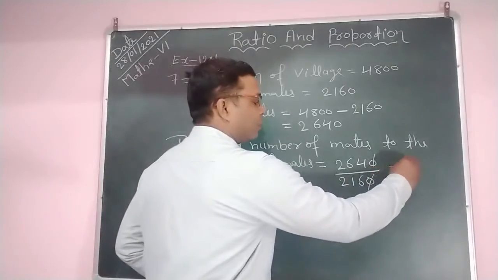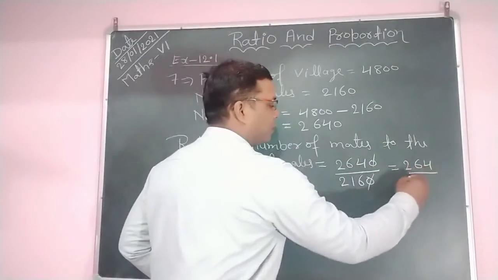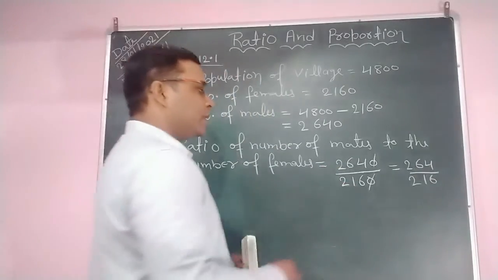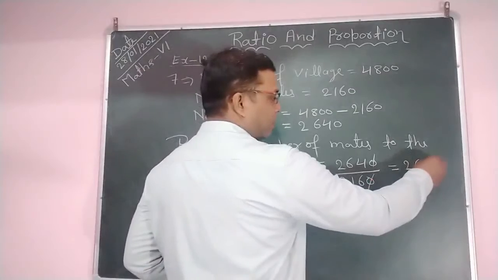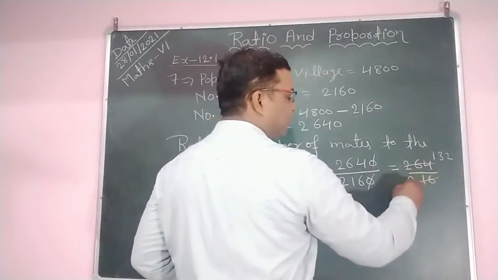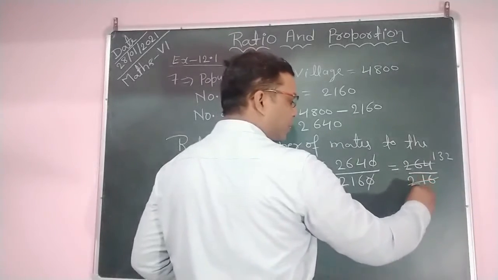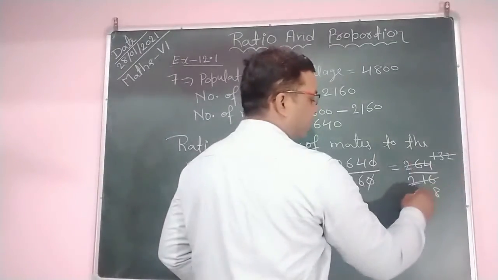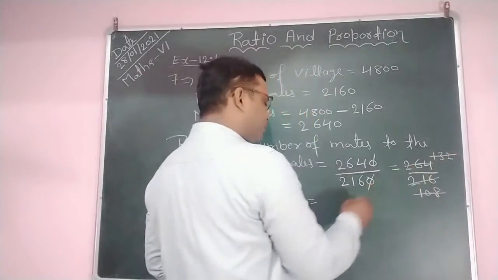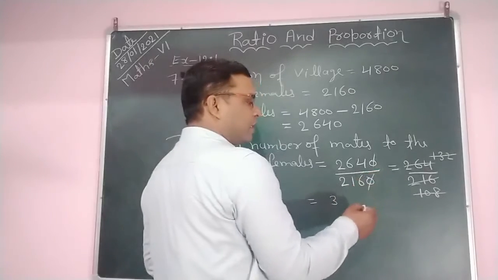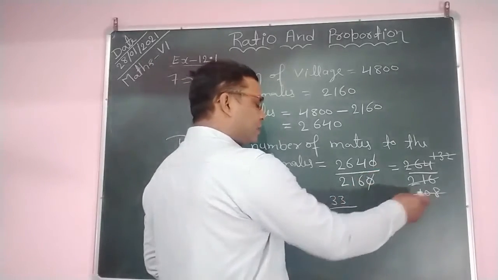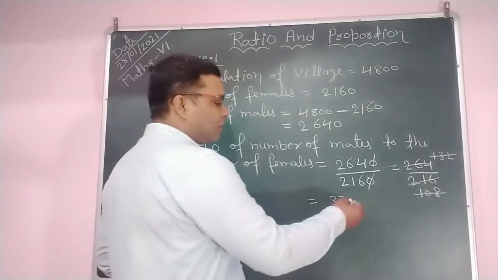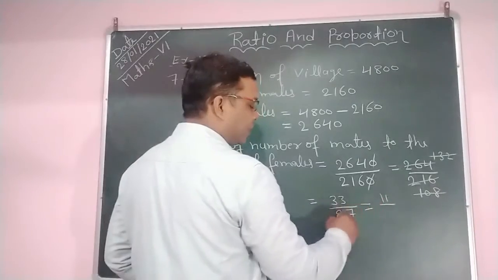Then you get 264 divided by 216. If you divide both by 2, you get 132 over 108, and if you divide by 2 again, you get 66 over 54. Now you can cancel by 3 and then we get 11 over 9.